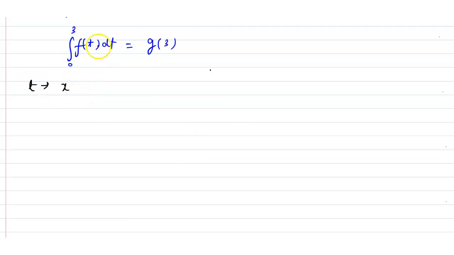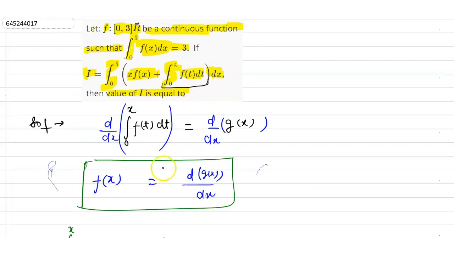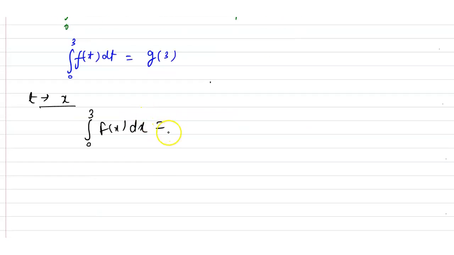So the integral from 0 to 3 of f(x) dx is given in the question as 3. So it equals 3, and it is nothing but g(3). So from here we can say that the value of g(3) is 3.